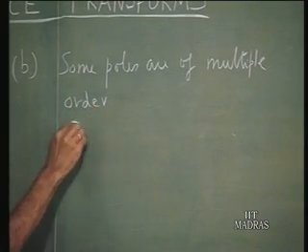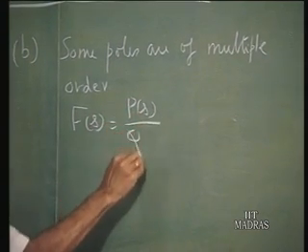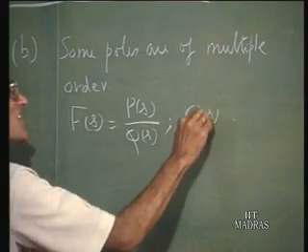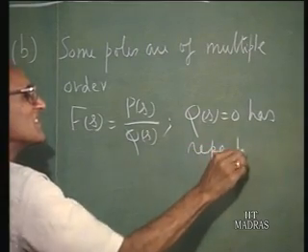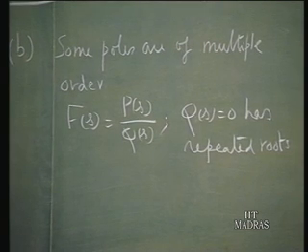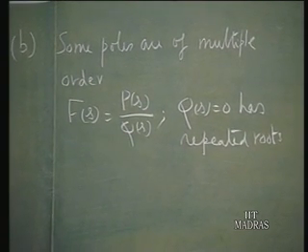In other words, if F of s is P of s over Q of s, and Q of s equals 0 has repeated roots, so some factors are repeated, then we say that F of s has multiple order poles depending upon the repetition. Suppose it is repeated twice, it is a pole of order 2. If a particular root is repeated 3 times, then we say a pole of order 3.